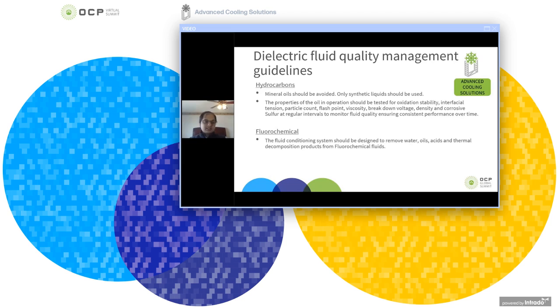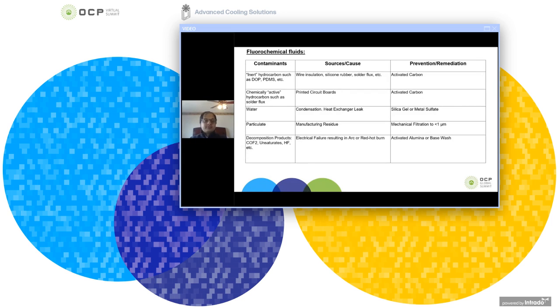But to ensure consistent performance, we still recommend testing these properties in situ along with the operations. Fluorochemical fluids, as we know, are very inert and don't have a direct affinity towards any contaminant. But as we have already mentioned in the IT gear document, the fluorochemical fluids can get contaminated by the electronics and their supporting components themselves.